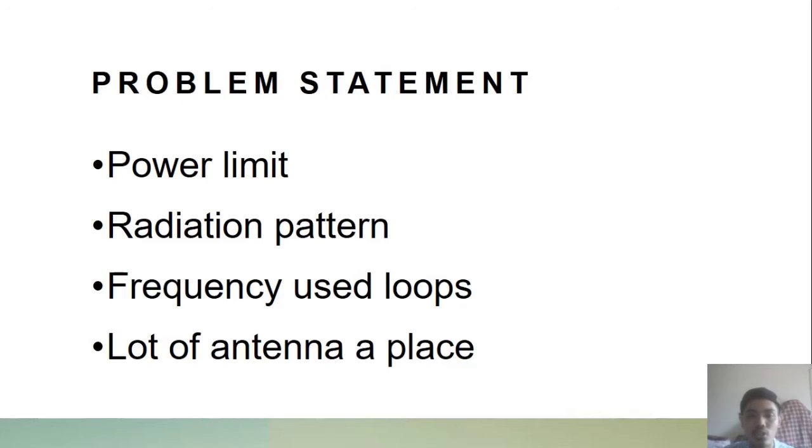So number 2 is radiation pattern. Radiation pattern has some problems, which is number 1, impedance matching may not always be good. Number 2, it has a very high resonance quality factor. So problem number 3 is frequency use loop. Frequency use loop has two types, which are circle loop antenna and square loop antenna.